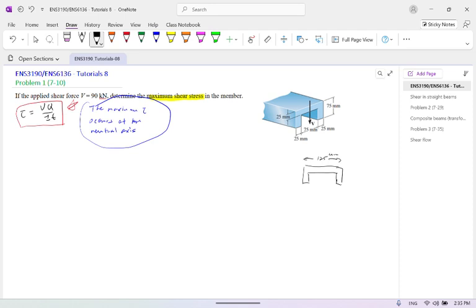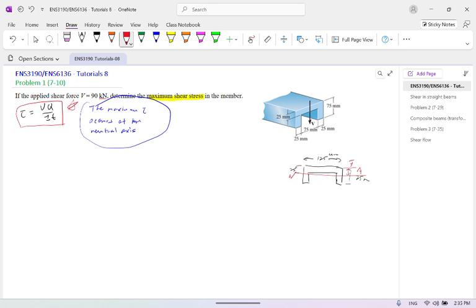And then the thickness will be 25, and totally 75. For the neutral axis, we put NA, and that means we can say it is Y bar.